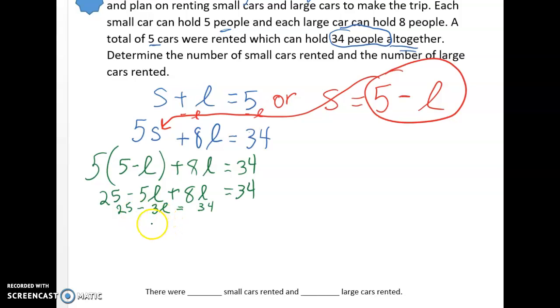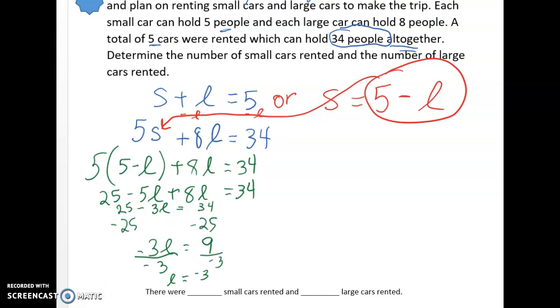My goal is to still get L by itself. So this is a positive 25, so I need to subtract 25 from both sides. Negative 3L equals 34, take away 25, which is 9. Divide both sides by negative 3, so that you get L equals negative 3. What?